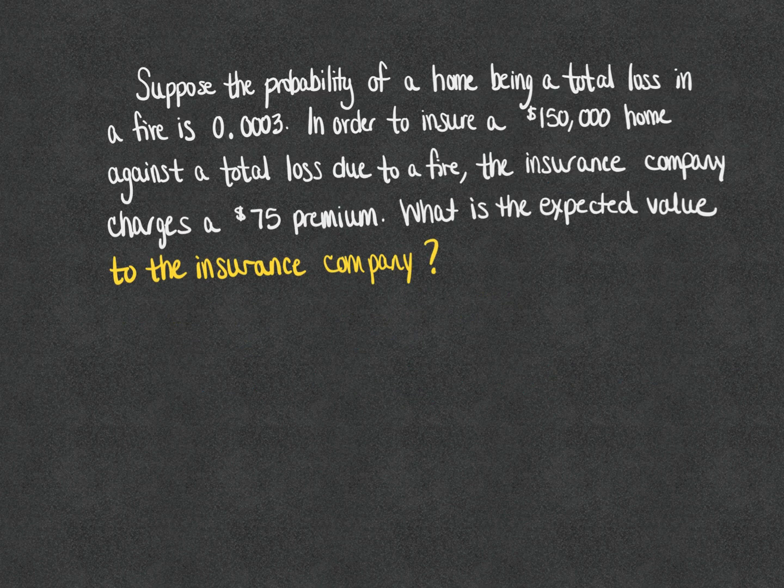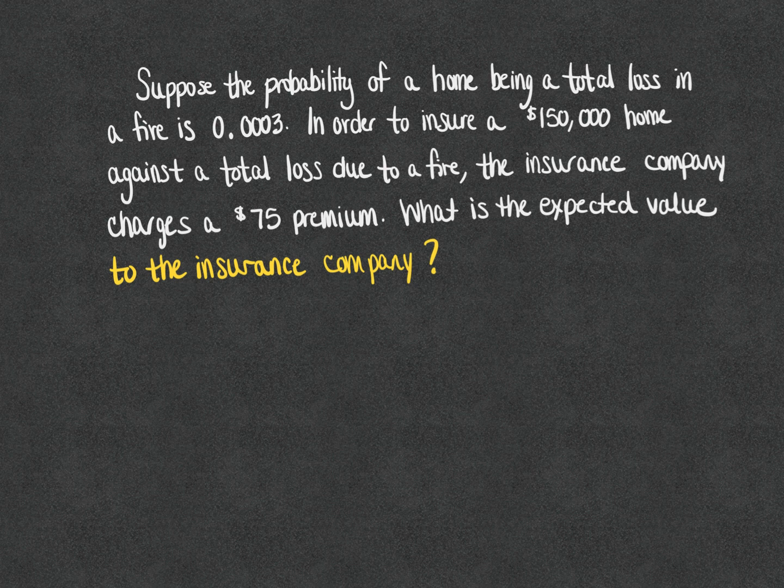All right, and let's look at one more example. This is a pretty simple way to look at how insurance companies make sure that they are collecting enough money so that when there are losses, they can pay out. We're going to start here again, just with a very simple way of calculating an expected value regarding, in this case, a home that is a total loss in a fire.